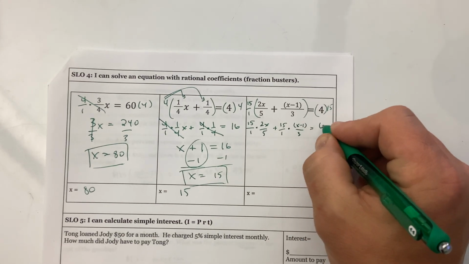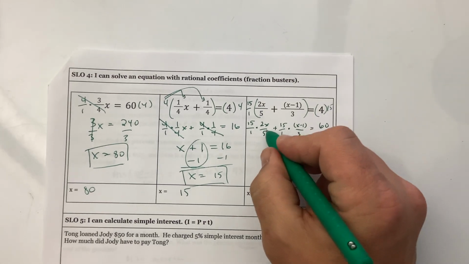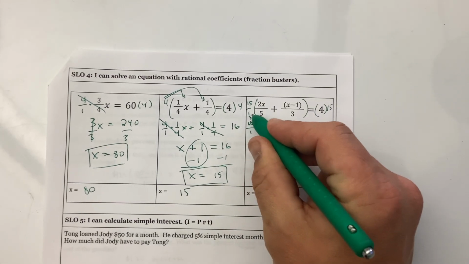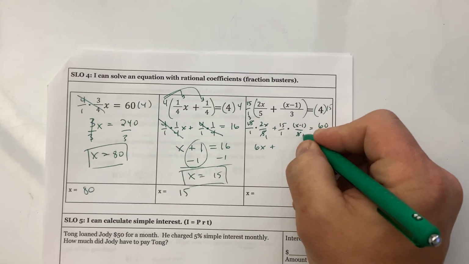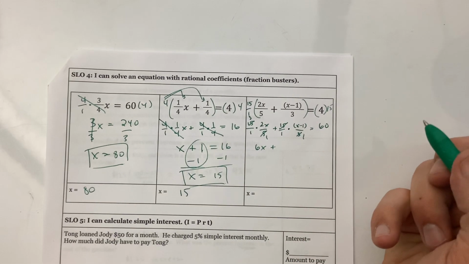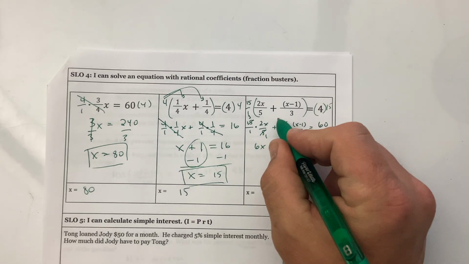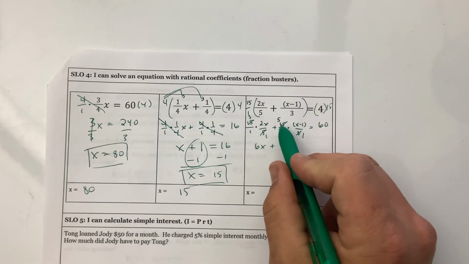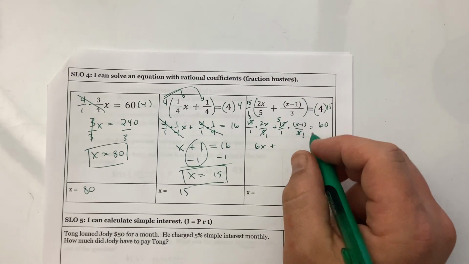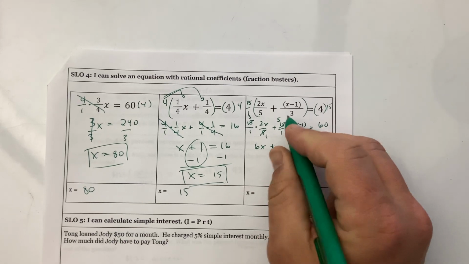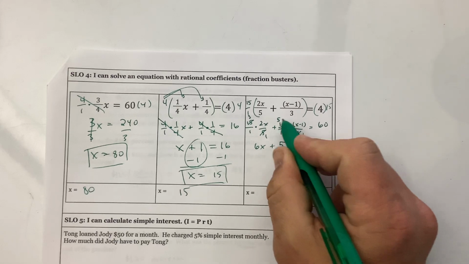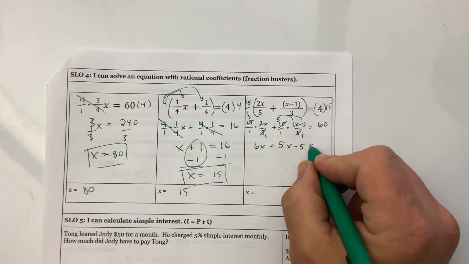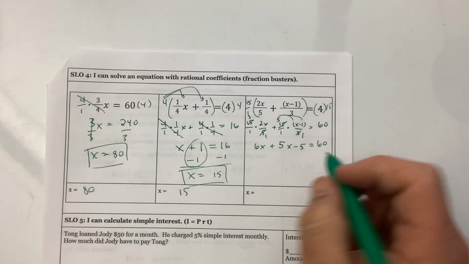And 15 times 4 is 60, not 70. So 5 goes to 1, 15 goes to 3. So 3 times 2x is 6x plus 3 goes to 1, 15 goes to 5. Good. Now, what is this term going to be? 5 times x minus 1. Or distributive property, 5x minus 5, because you have to multiply to both, equals 60.